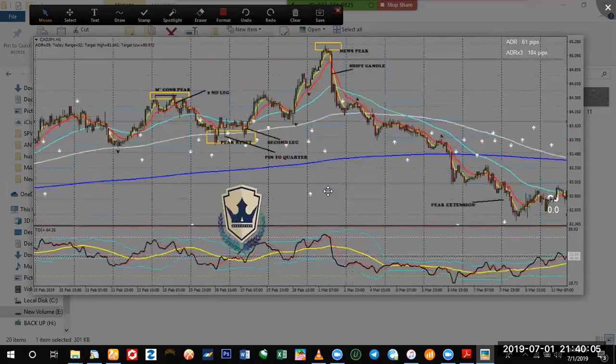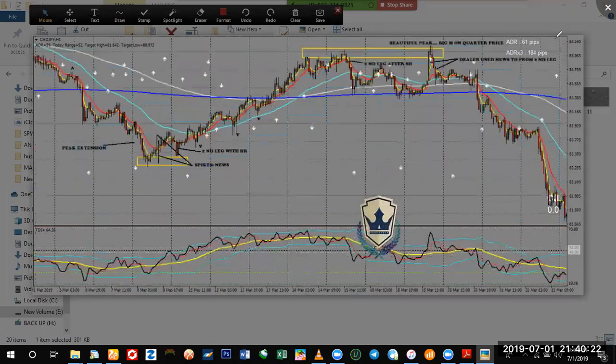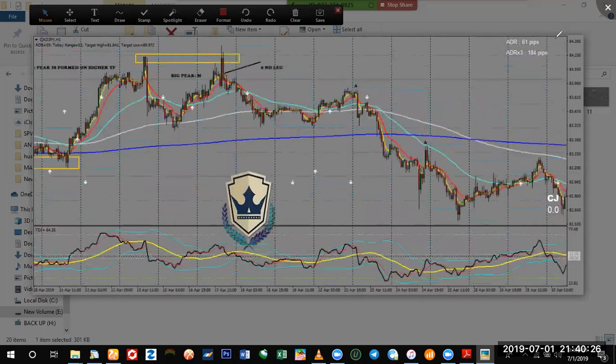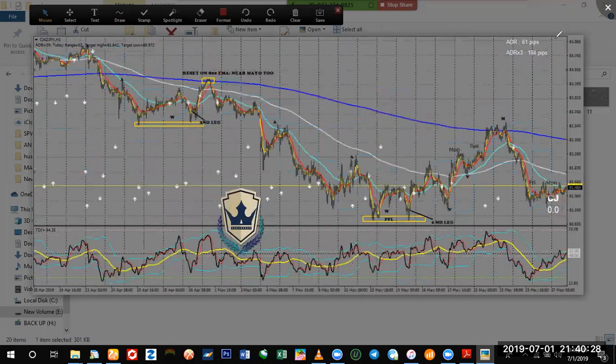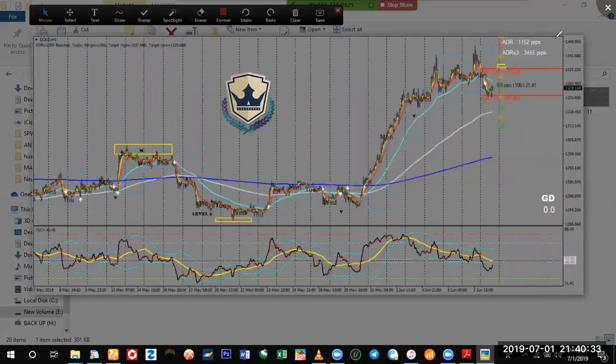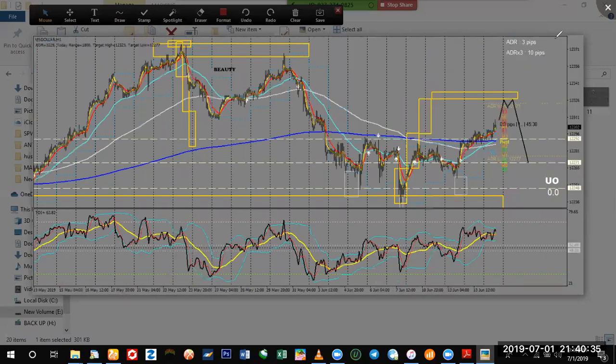So let's talk of a news peak. Now suppose the dealer is on the third level. Like the dealer is around, where can I find that?